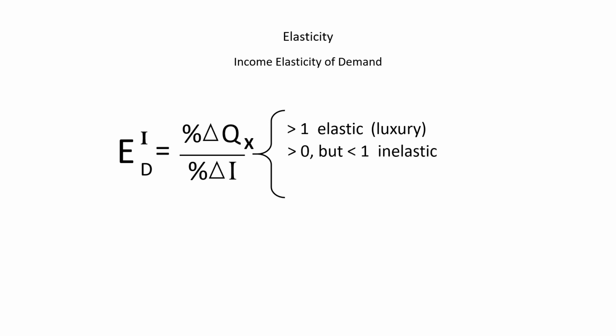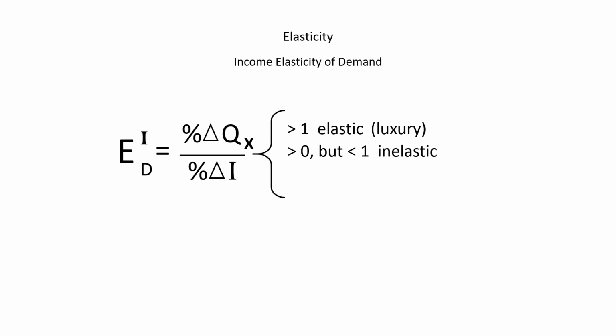If, on the other hand, the ratio has a small positive coefficient, that is, greater than 0 but less than 1, we'd refer to this relationship as inelastic. Once again, in plain English, whether income goes up or down, your consumption of this good isn't going to change very much.